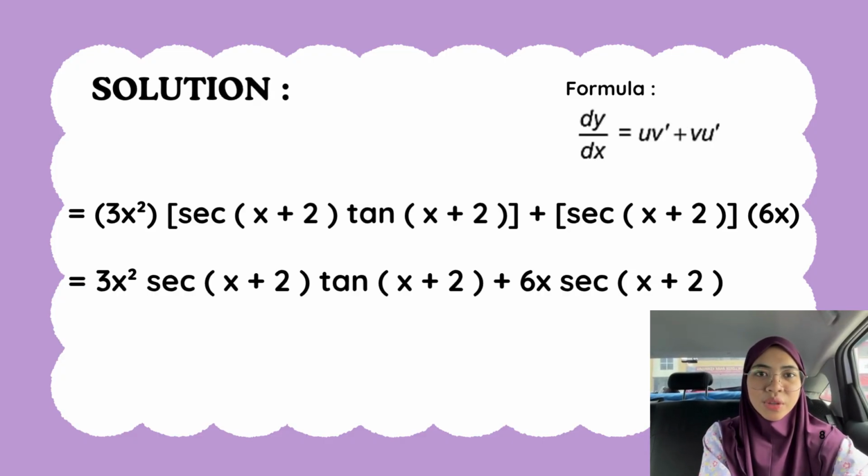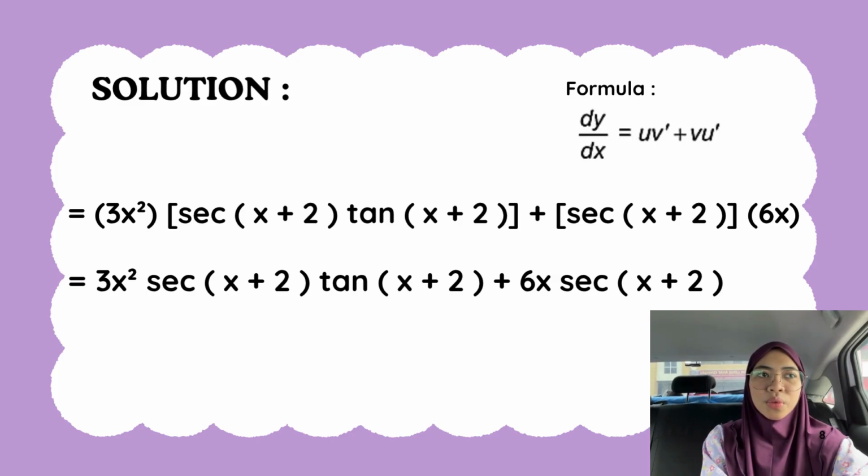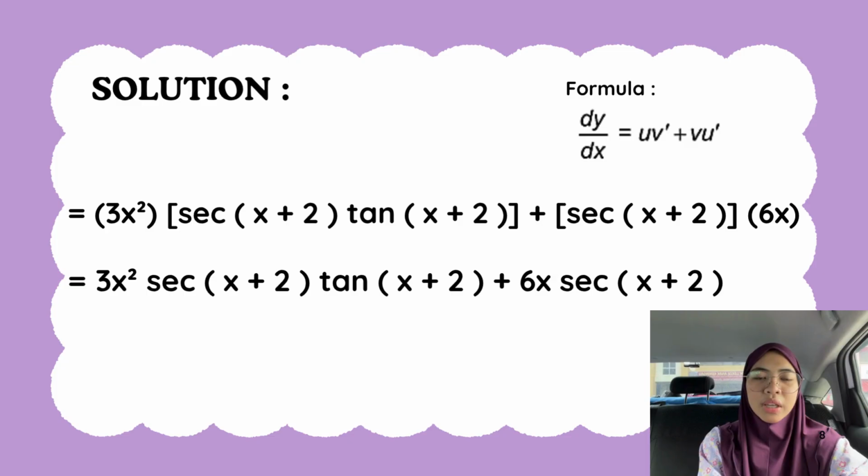And here's the second slide for the solution. So, to differentiate a product of two functions, we use the product rule, like the given formula. Now, we substitute into the product rule formula. dy/dx equals 3x squared multiplied by sec x plus 2 tan x plus 2, plus sec x plus 2 multiplied by 6x.